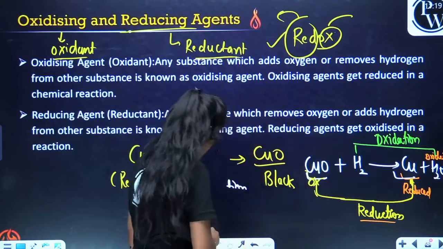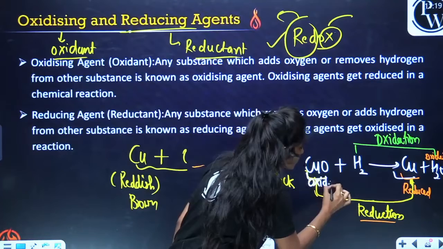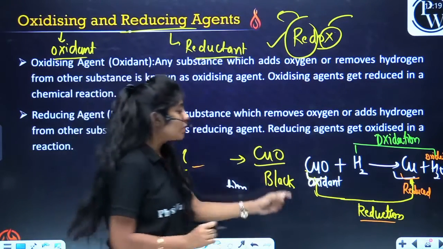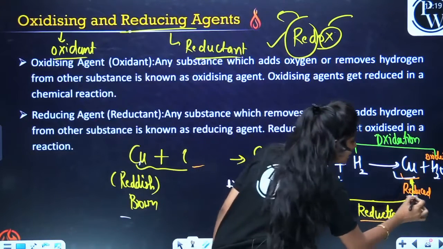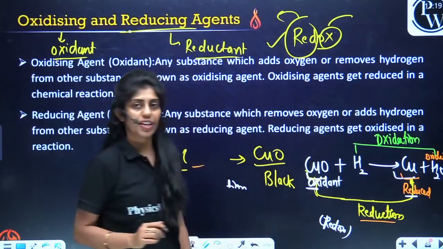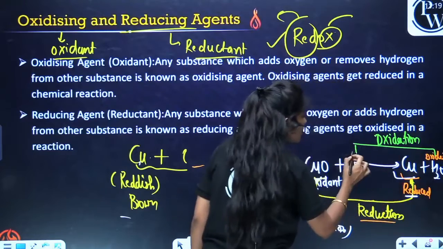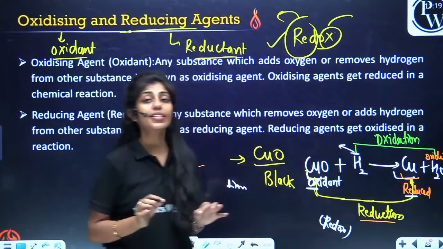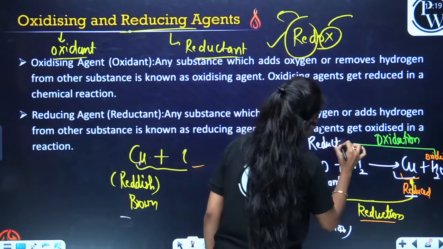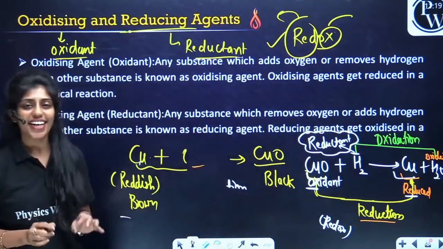So what is that ox? Can you tell me? Yes, ma'am, that will be oxidant. Yes or no? That will be oxidant or the oxidizing agent. So if I check this ox and this red, they are making redox or not? Yes or no? Of course. Now tell me, if this is oxidized, so what will be this? Let me know. Ox is there. Where is red? Reductant. So can you find reductant or oxidant in a reaction? Yes or no? Of course.